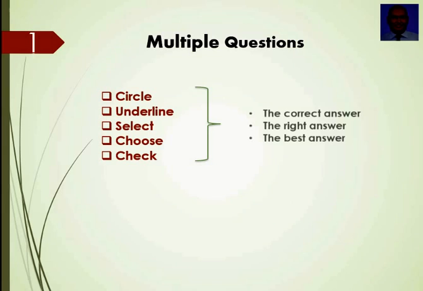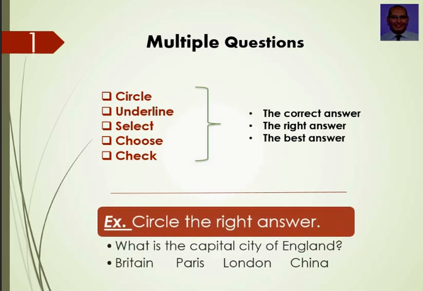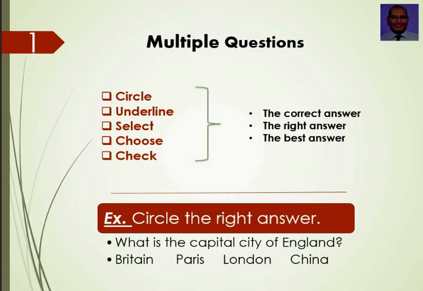One of these verbs should be followed with one of these expressions like the correct answer, the right answer, or the best answer. Let's have an example. I'm sure you know the meaning. What is the meaning of EX? It's example. Now you know it. Circle the right answer. So it's a multiple choice question type.